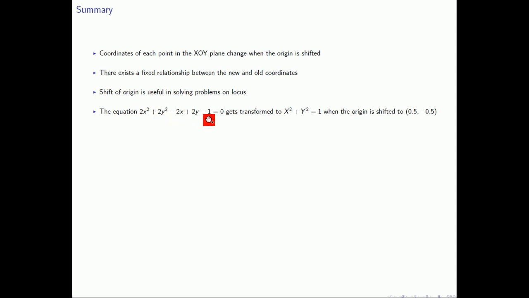But if you shift the origin, this equation will get transformed to capital X squared plus capital Y squared equal to 1. Now this is easily recognizable, which represents a circle with radius 1 and the center at the origin. Now this happens when the origin is shifted to (0.5, minus 0.5).